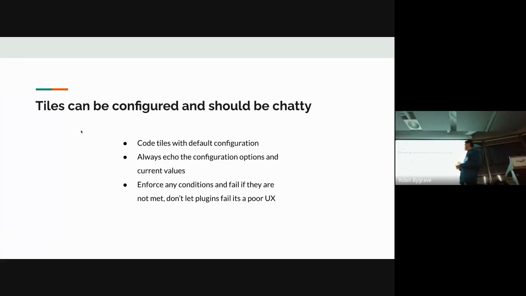Just on that, we have fallen into a bit of a pit in the past where we've created tiles but haven't been as verbose as we could have been, and it can become quite hard, with things lost in the abstraction. You don't want to get forced into a place where you're asking, where is this happening? So this is a really important point: echoing out and printing those properties.